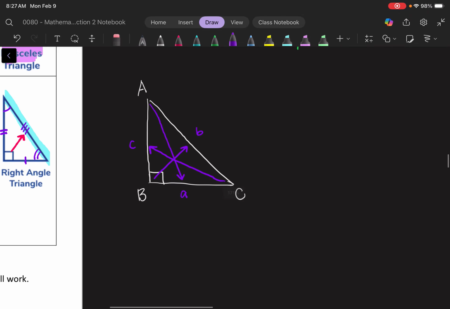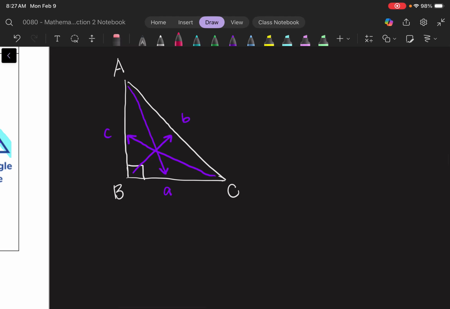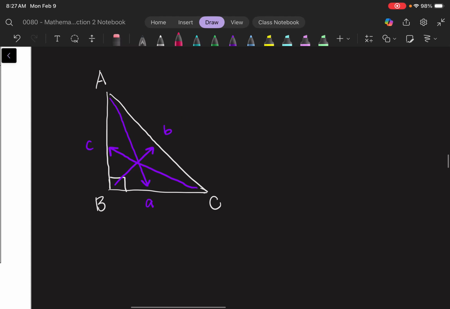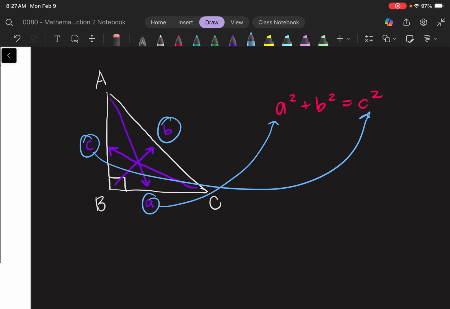Now, this is probably one of the biggest things that I see grade 9s do incorrectly coming out of grade 8. Because we've learned that a squared plus b squared is equal to c squared. And since things are labeled as little baby a and little baby c and little baby b, we're like, oh, sweet, we'll just plug these in where they are.